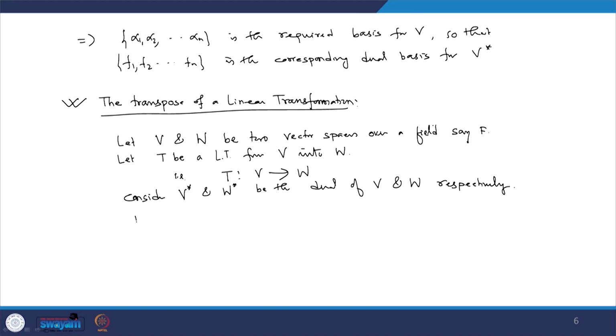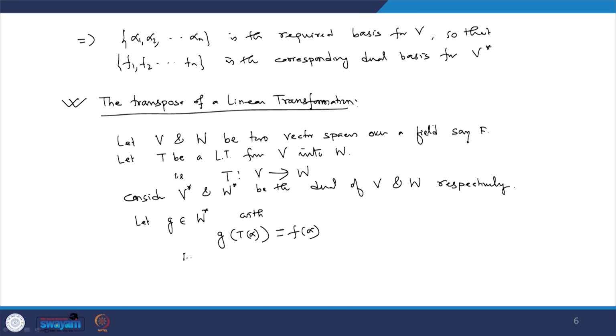Let g belong to W star, which means g is a linear functional on W. I am considering a function f, basically f of alpha is equal to g of T of alpha, please.